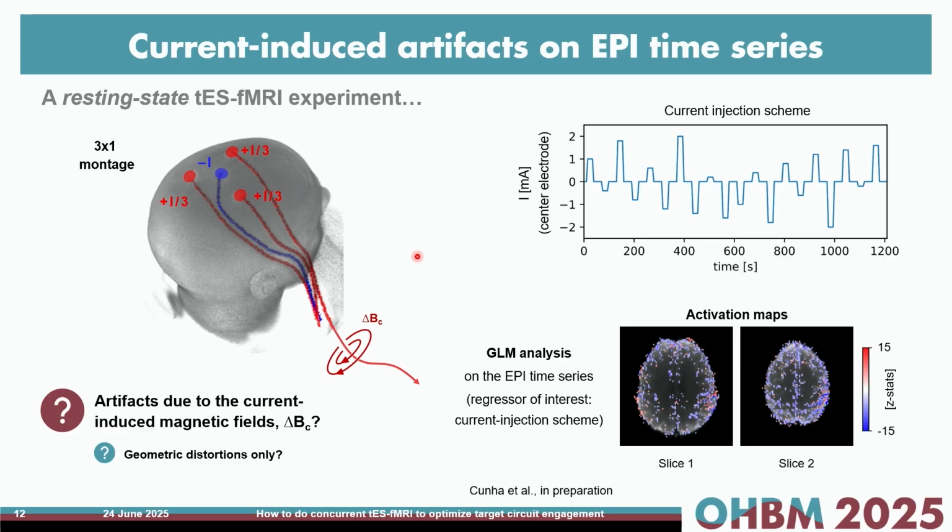And if so, since we're dealing with EPI images, our first intuition was that these effects were caused by geometric distortions, but could there be something else? And finally, what was the main source of these problematic magnetic fields? The currents flowing inside the brain, or the ones flowing in the cables, the wires?